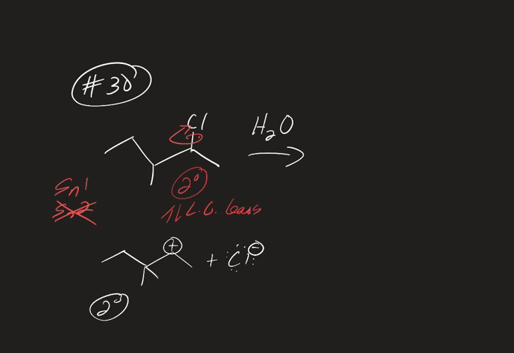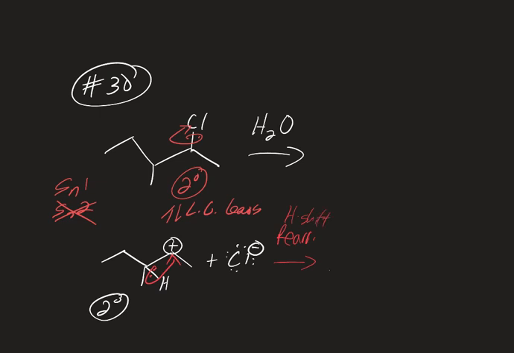So if we look for these sigma bonds that are 1, 2 bonds away from the carbocation, those are the bonds, the atoms, that can shift, that can rearrange. So what's going to happen here is this hydrogen is actually going to take its 2 electrons and leave that carbon. This is a rearrangement, an H shift we call it.